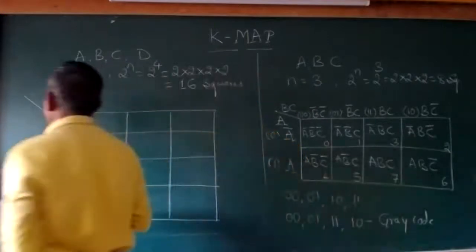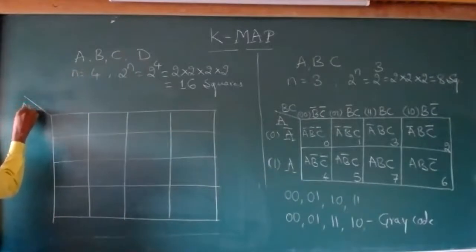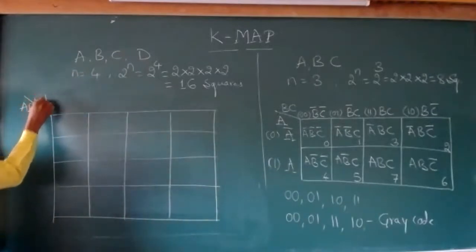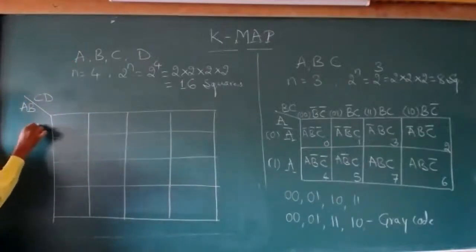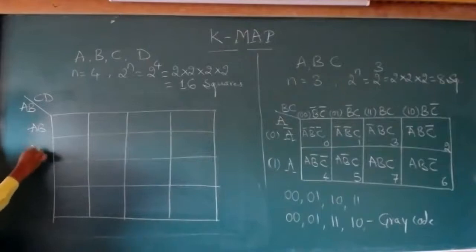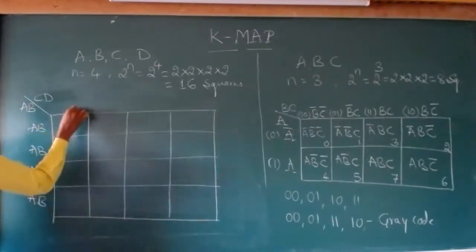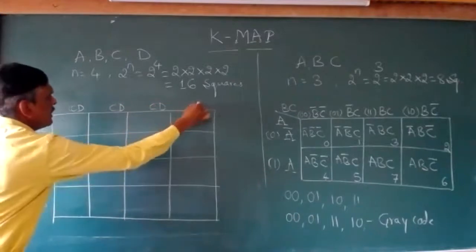According to this example, A, B represents the rows and C, D represents the columns. So first write A, B, A, B, A, B, and A, B. For the columns also write C, D, C, D, C, D, and C, D.